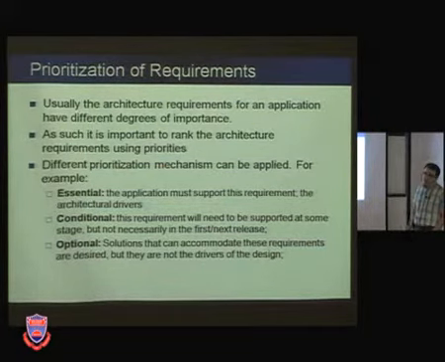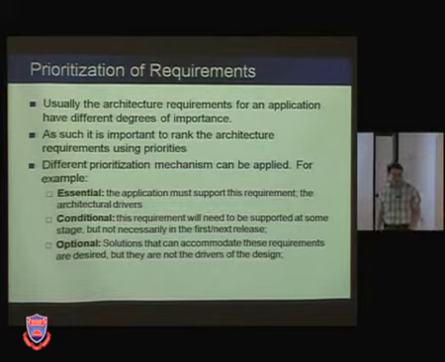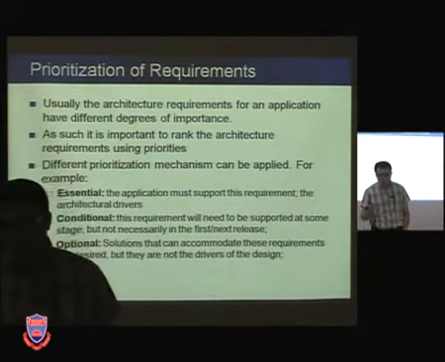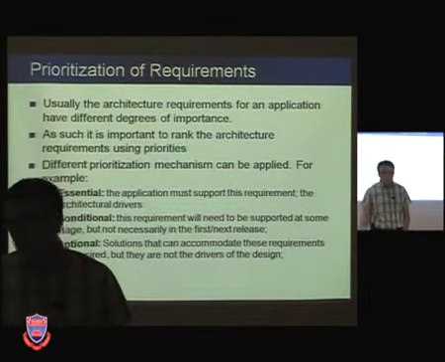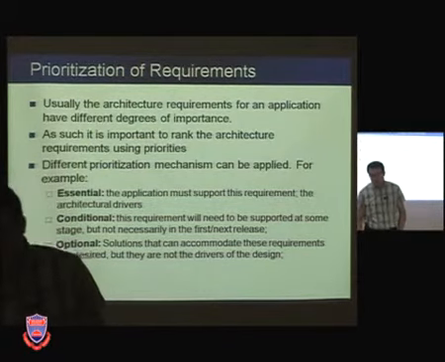So what you do is talk to the stakeholders, prioritize these stakeholders, identify their requirements, and then what you should know is: is this an essential requirement or is it just optional? How important is this for you?